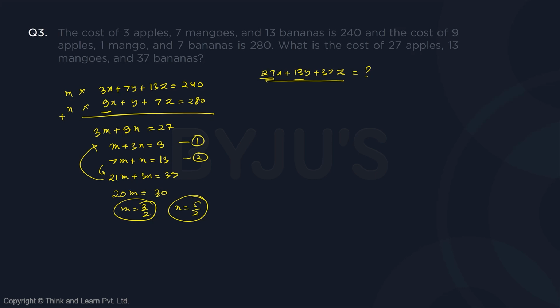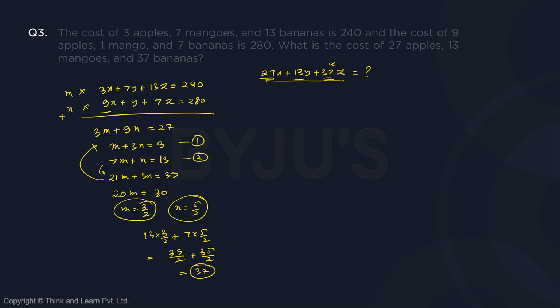Now, one thing we need to be sure of here is that we need to satisfy the coefficient of z also. That means 13 into 3 by 2 plus 7 into 5 by 2 should be equal to 37. So this is 39 upon 2 plus 35 upon 2, which is nothing but the average of these two, that is 37 only.